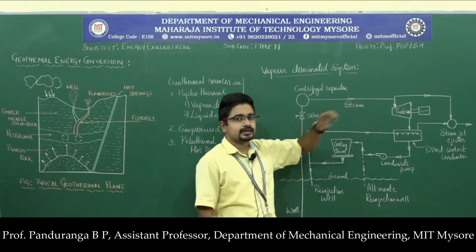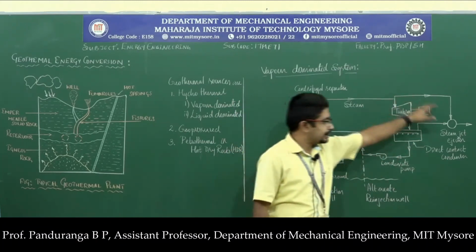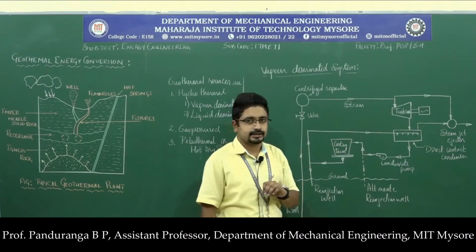A part of the steam will be supplied to the turbine and a very minor fraction will be supplied to the steam jet ejector. We will come to the function of the steam jet ejector later.